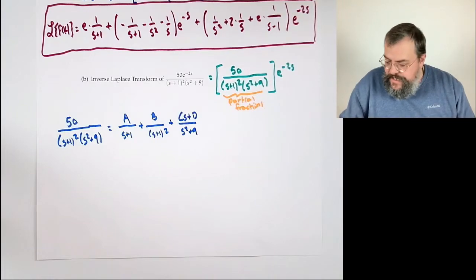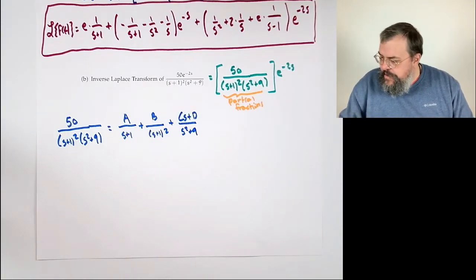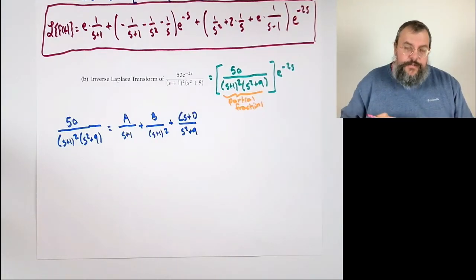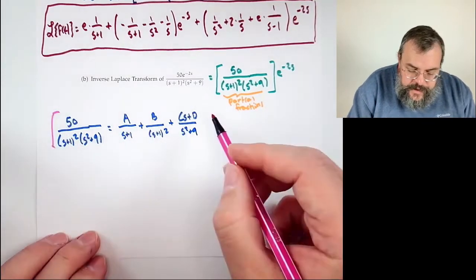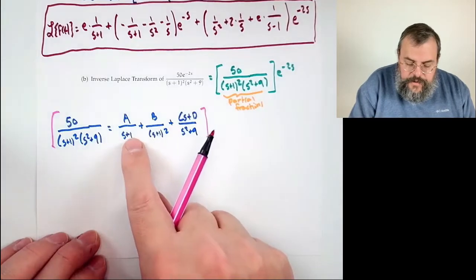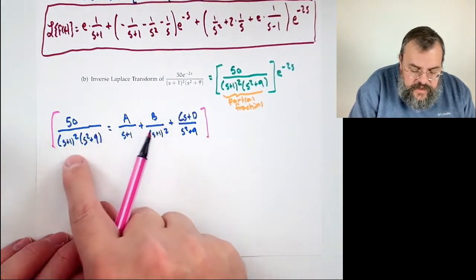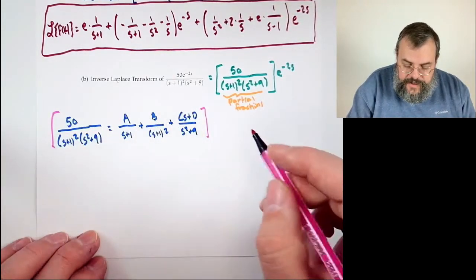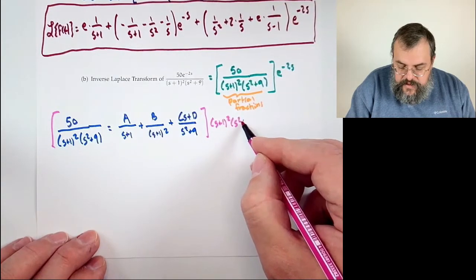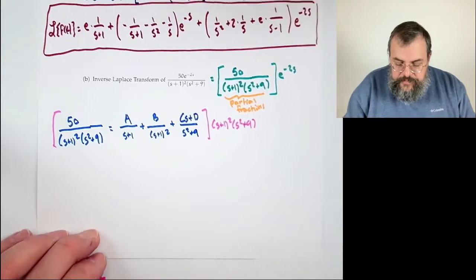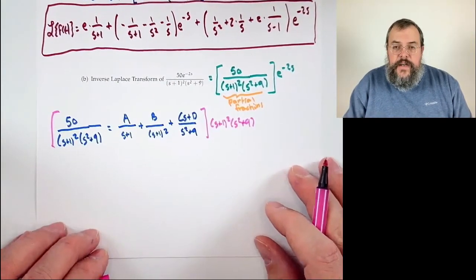Now, the next thing, and a few people made this mistake, and I'll just point it out here so that even fewer make the mistake. When you're clearing your denominator, it's not multiplying by all of these. This part is what you use to clear your denominator. So s plus 1 squared times s squared plus 9. And, all right.